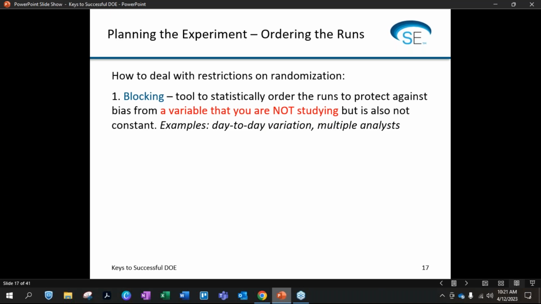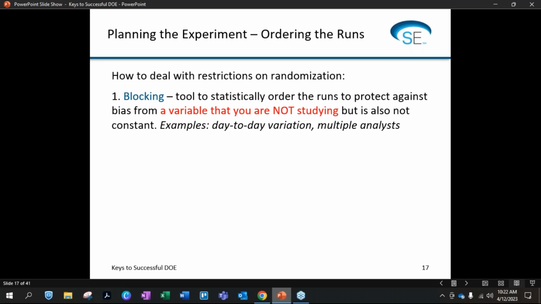Or you are splitting your design over multiple analysts to help you get the data more quickly. Then there's a tool called blocking that should be used in the design. You have to do this when you're designing the experiment so that it statistically reorders the runs in special groups to protect against bias from that variable that you're not studying.